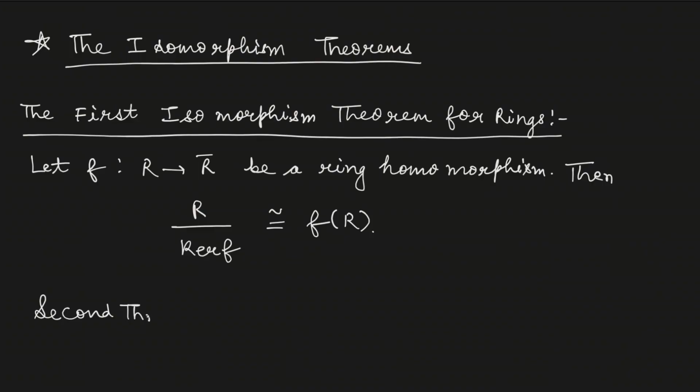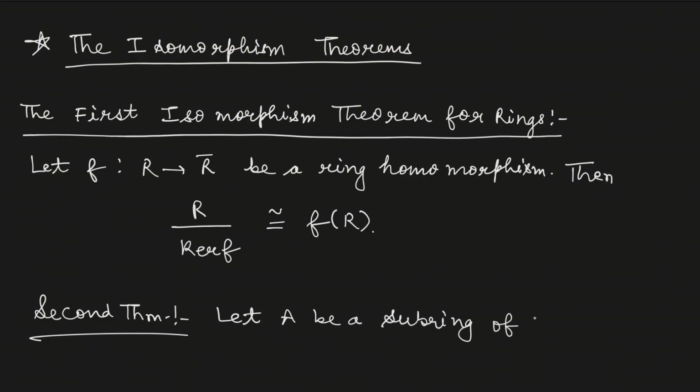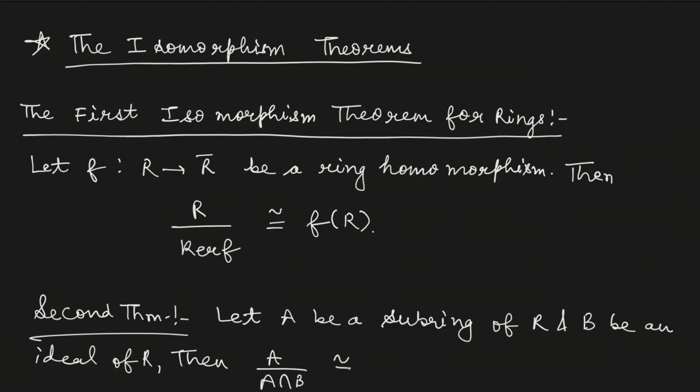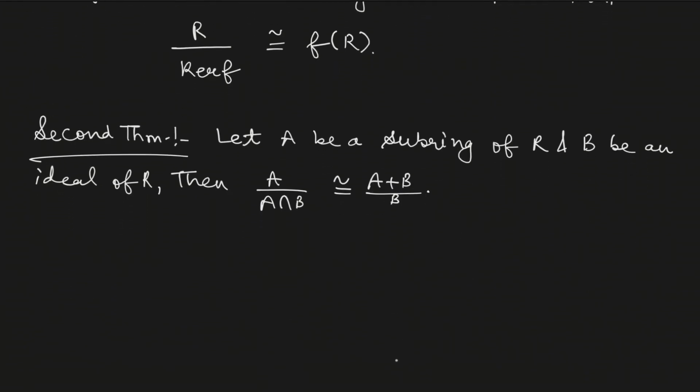Second theorem, let A be a subring of R and B be an ideal of R, then A by A intersection B is isomorphic to A plus B by B.